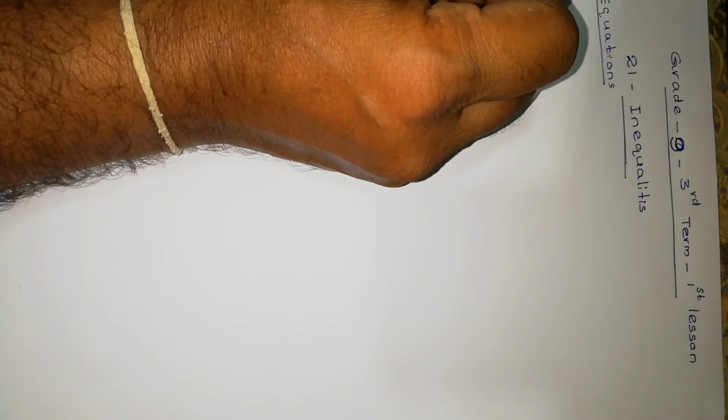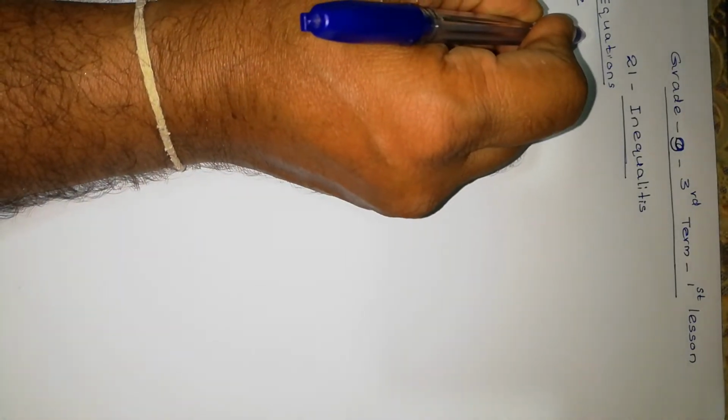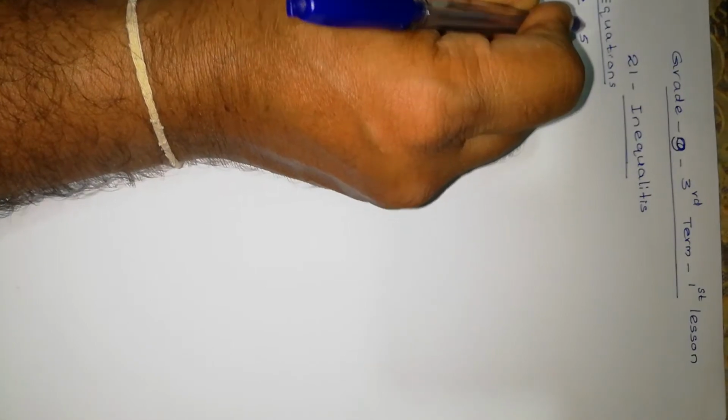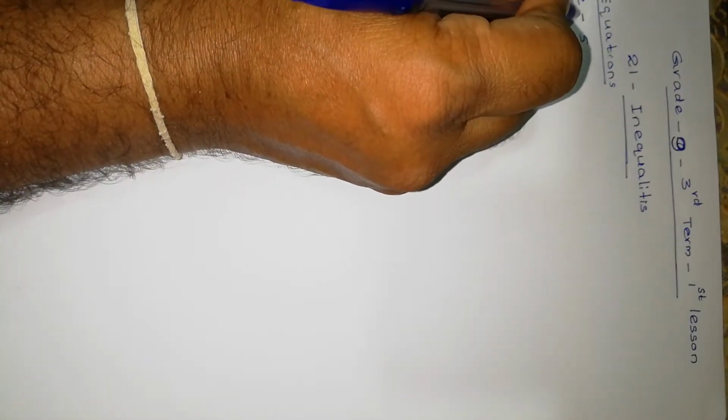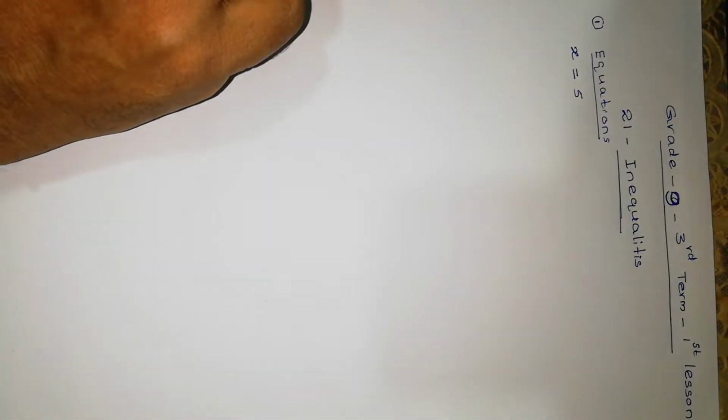Then you can build up equations. For example, x is a term, 5 is another term. Joining these two using this symbol, we can form an equation. Then x equals 5 is an equation.